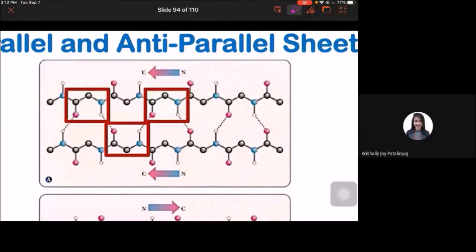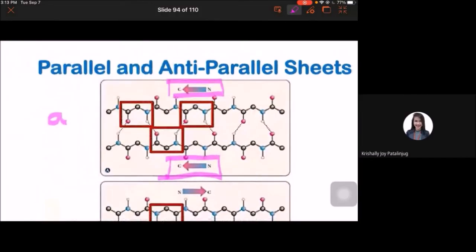Same or different? Parallel or anti-parallel? Same. Tama. Just look at the labels: C to N, C to N. So they are the same. It is parallel.